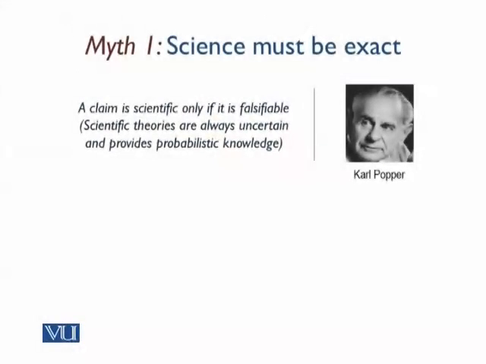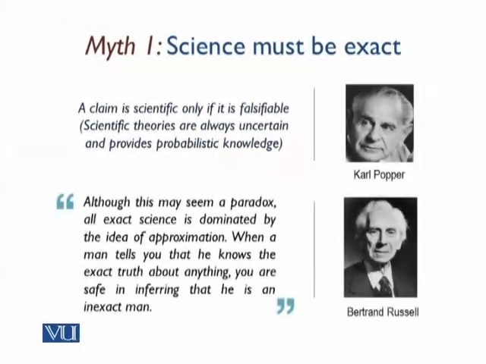So a very important claim in this regard was made by a British philosopher and mathematician, Bertrand Russell, who said that the entire edifice of the scientific method is actually based on the idea of approximation. And when a man tells you that he knows the exact truth about anything, you can be safe in inferring that you're talking to an inexact man, because all the scientific truths, all the models that we make of physical realities are essentially approximations.